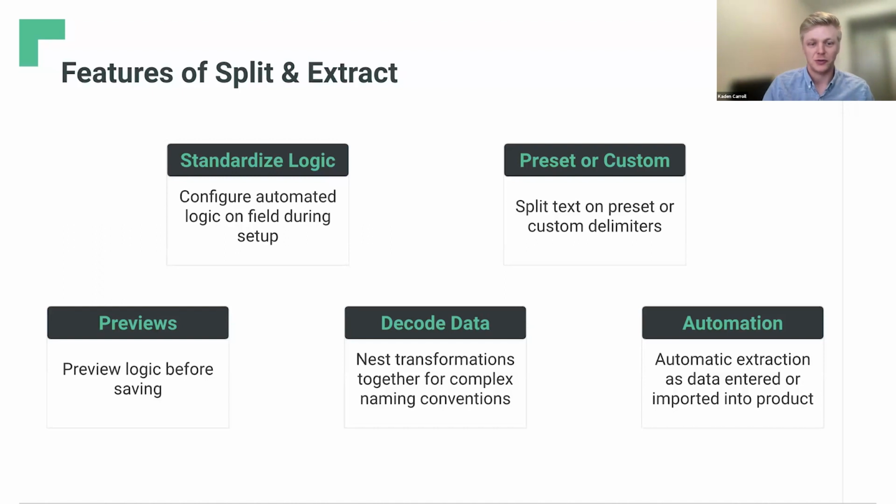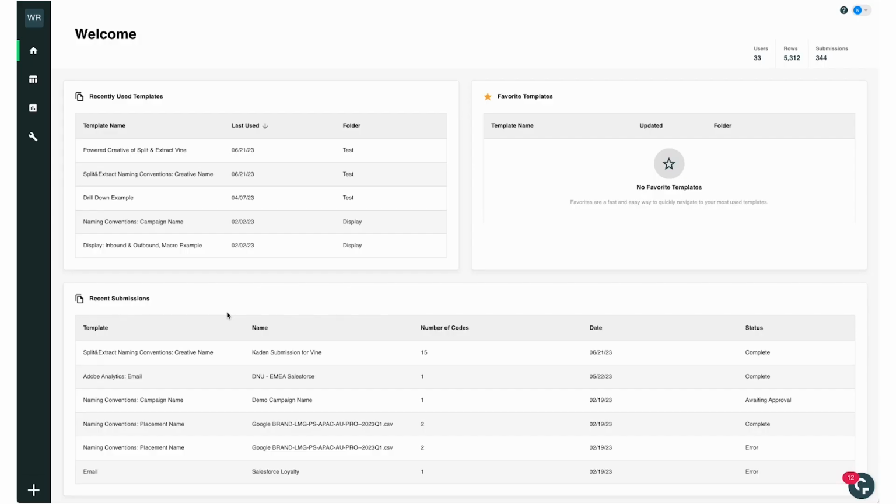It's extremely useful, so you don't set it up incorrectly and then have to go back and forth. Then decoding data: complex naming conventions can be quickly broken down and understood. And the last piece, automation: automatic extraction of our data as it's imported into the product from media integrations or another source. So let's show you how to actually set up split and extract.